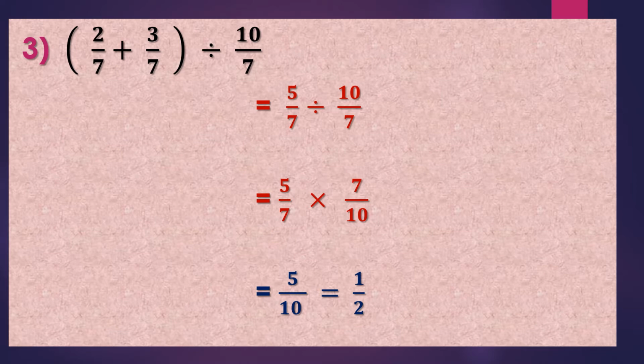As we know, we convert the division operation to a multiplication operation by converting the number after the division sign to its multiplicative inverse to have 5 over 7 times 7 over 10 to get 5 over 10, which is equal to half in the simplest form.